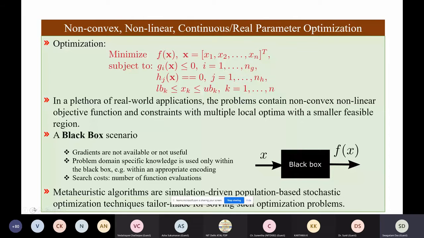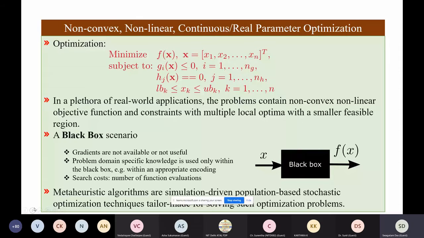Nowadays, we have very high precision machines, and that's why we can still store, manipulate, and process real numbers whose differences are very small. If the difference between two numbers falls below a certain delta, the computer assumes them to be the same. We will be discussing continuous or real parameter optimization with respect to such a granular setup in a computer.